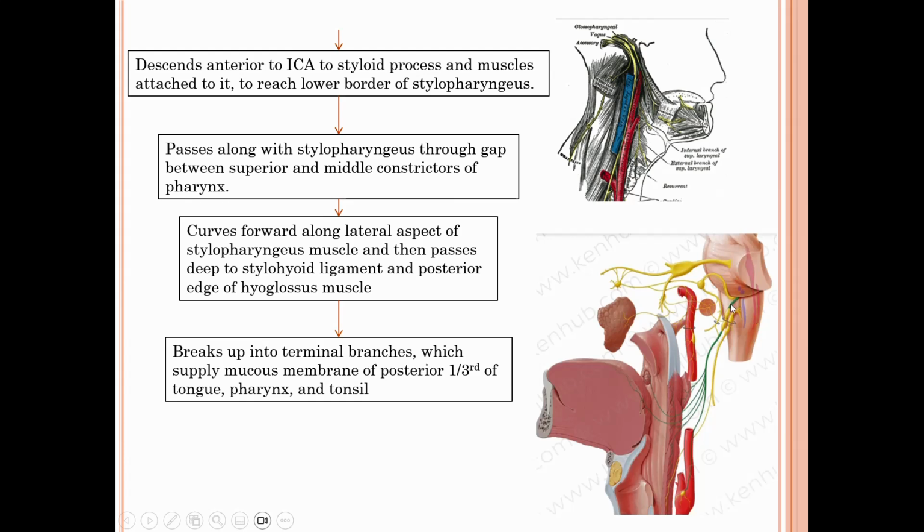Okay, it is curving along the lateral aspect of the stylopharyngeus muscle and then passes deep to the stylohyoid ligament and posterior edge of the hyoglossus muscle, and it is breaking into terminal branches which supply the mucous membrane of the posterior 1/3 of the tongue, then pharynx and tonsil.